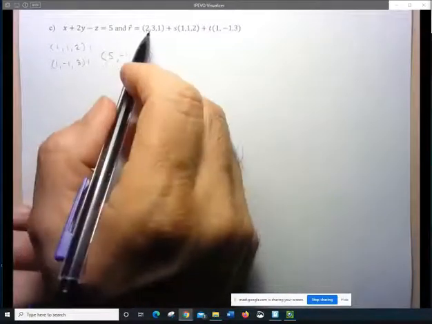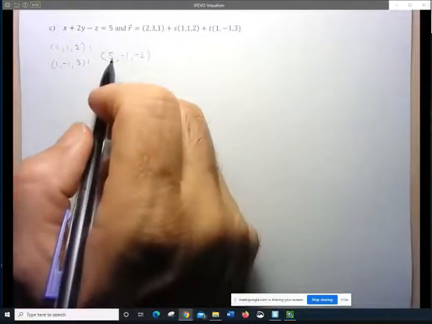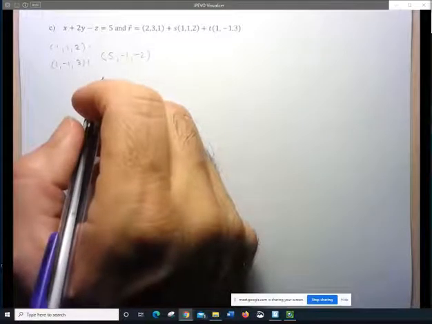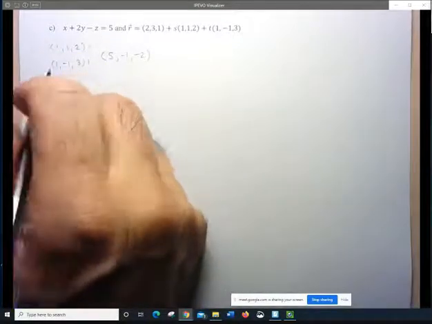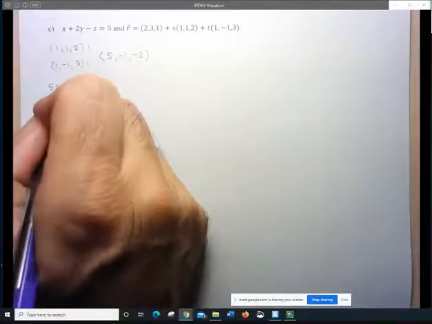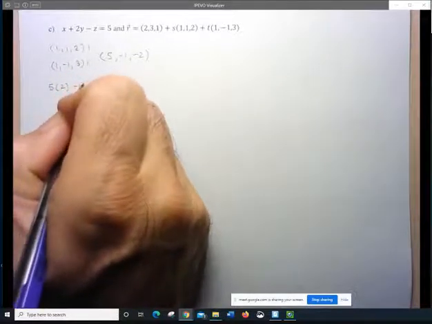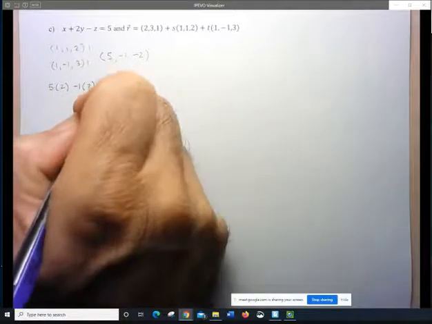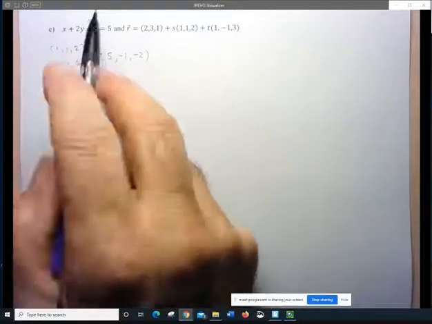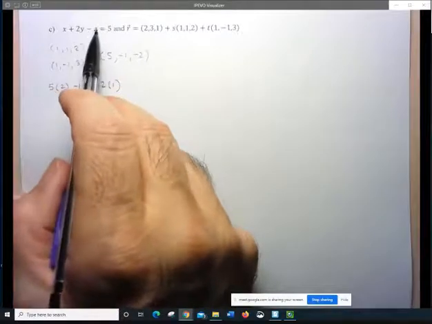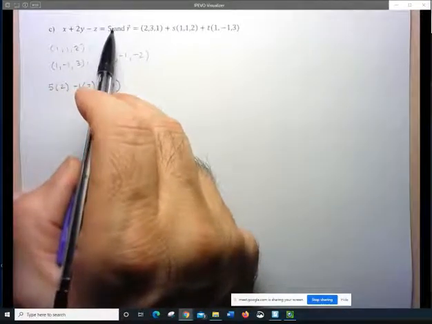Okay, and then from there, I'm going to stick my point into Cartesian form and determine the d value. So here we have 5 times 2, minus 1 times 3, minus 2 times 1. One thing I'm noticing is that in this equation, the d value is on the other side of the equation.